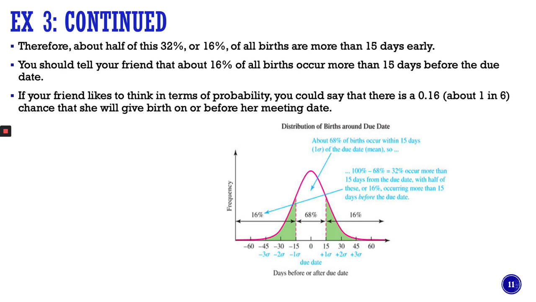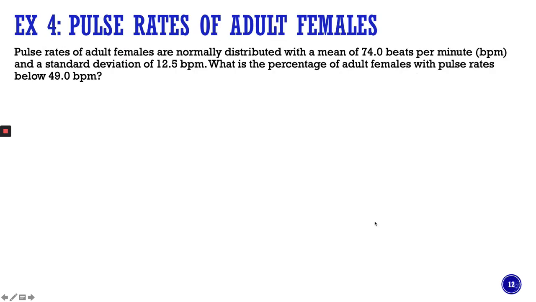And we can see here in the graph what we're talking about. In the percentage parts here, this is where most of the births are going to happen, and then it's 16% on either side because that's 32% total.